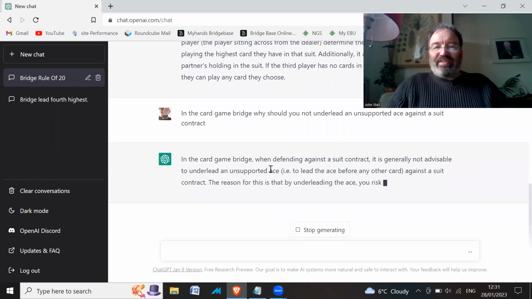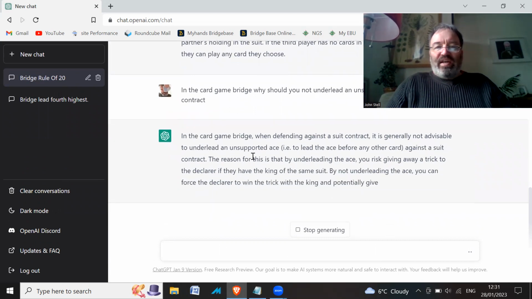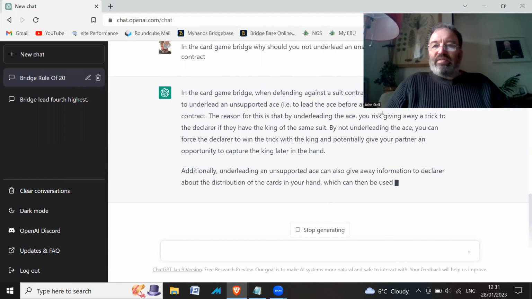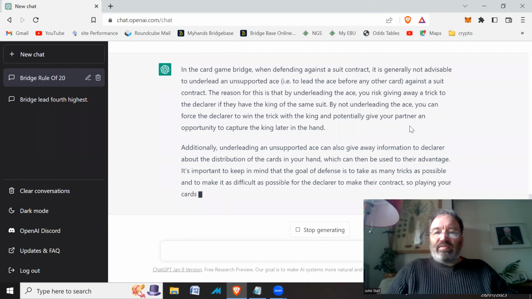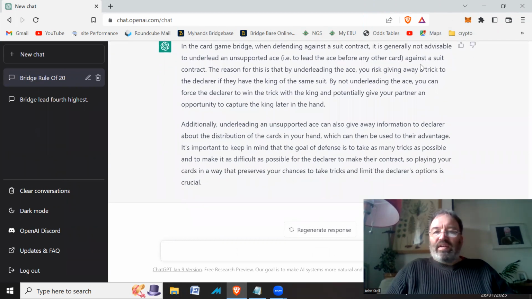In the card game bridge, when defending against a suit contract, it's generally not advisable to underlead an unsupported ace, i.e. to lead the ace before any other card against a suit contract. The reason for this is that by underleading the ace, you risk giving away a trick to the declarer if they have the king of the same suit.